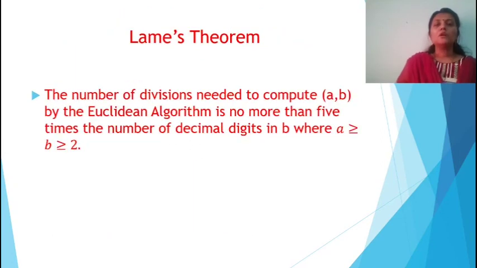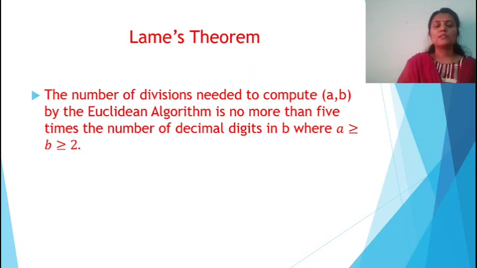Now we have the statement of Lamé's theorem. The number of divisions needed to compute GCD of A, B by the Euclidean algorithm is no more than 5 times the number of decimal digits in B, where A is greater than or equal to B, which is greater than or equal to 2. You don't have to learn the proof, only the statement is required.